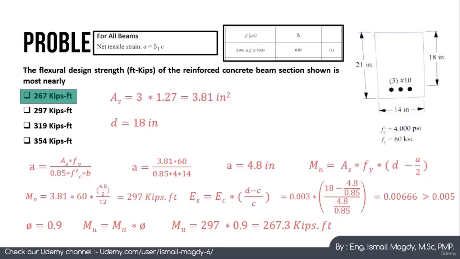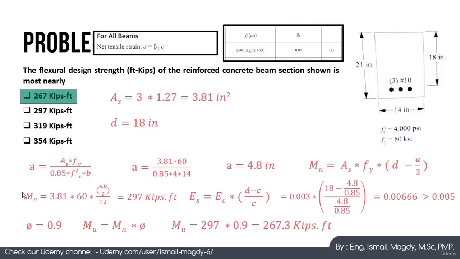There is a very important note here in this problem. You can see that after we reached the value of the nominal moment equals 297 kips-feet, we actually didn't have to calculate the rest of the problem to find out the answer, because you can see the answers here. They are 267, 297, 319, and 354.